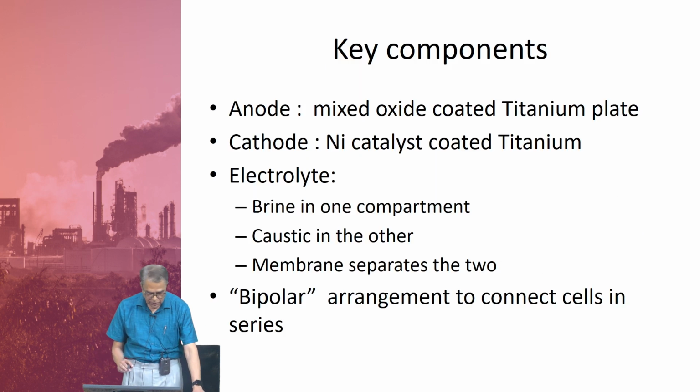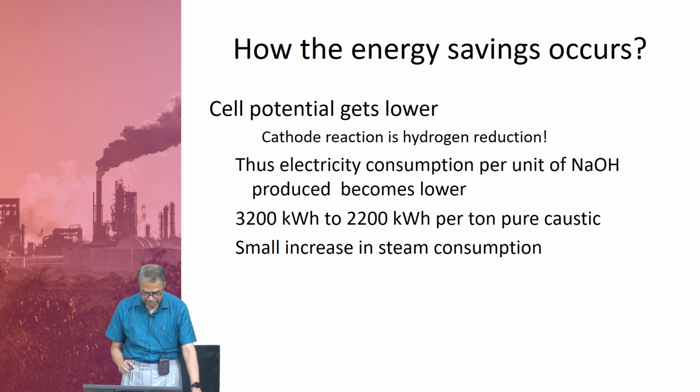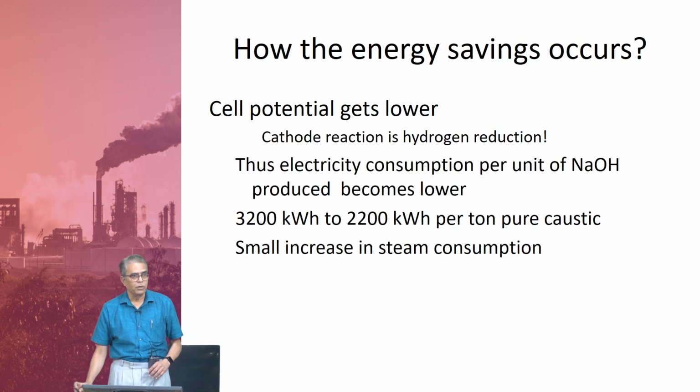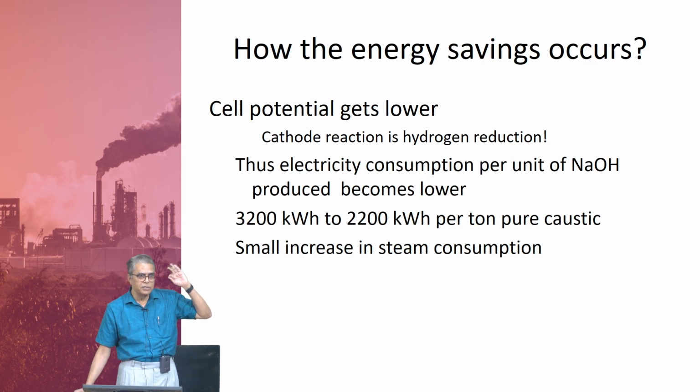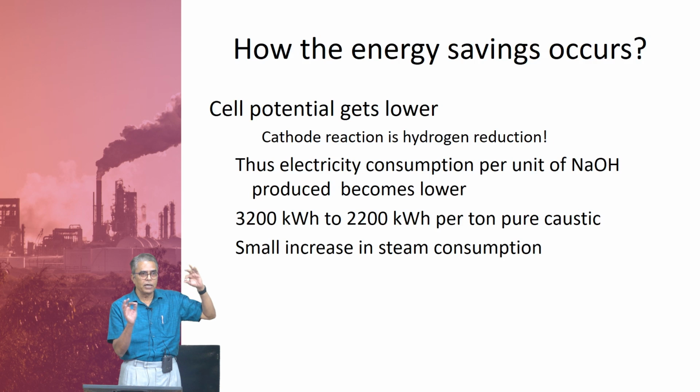Because of this, why is the energy lower? If you go through the Nernst equation again, in this case the two reactions are Cl minus becoming Cl, which is one reaction, that is not changed. The other side, you need something to absorb the electrons, right. In the earlier case Na plus through mercury, water absorbs electrons and becomes OH minus, releases hydrogen, hydrogen gets out.